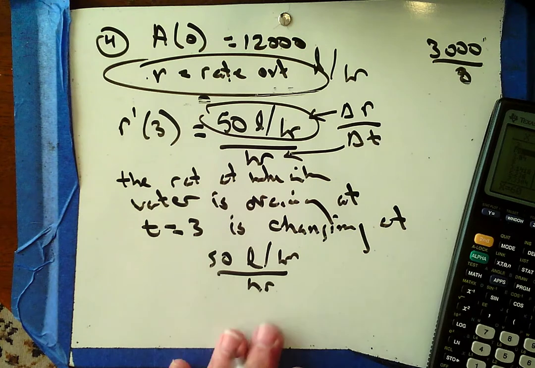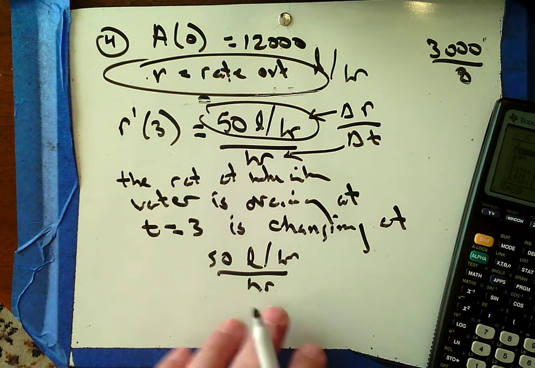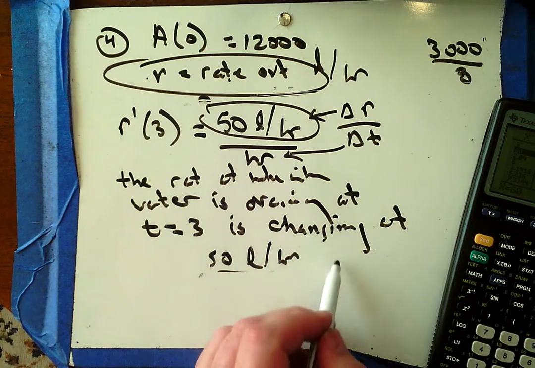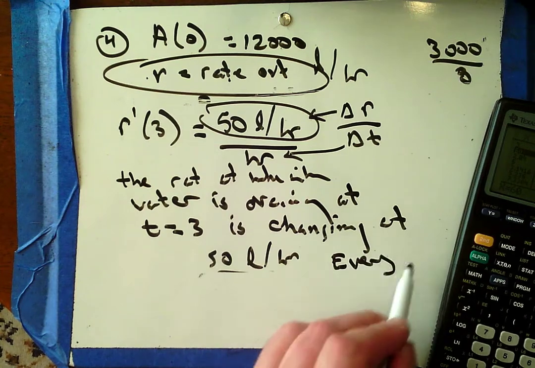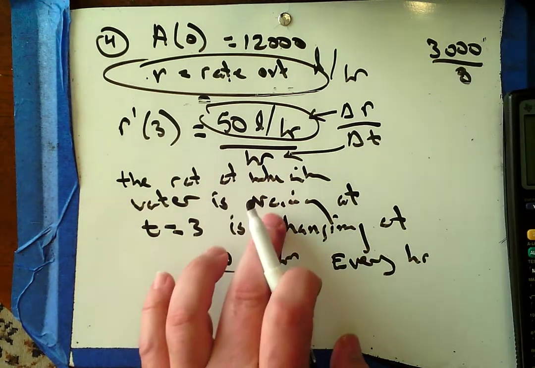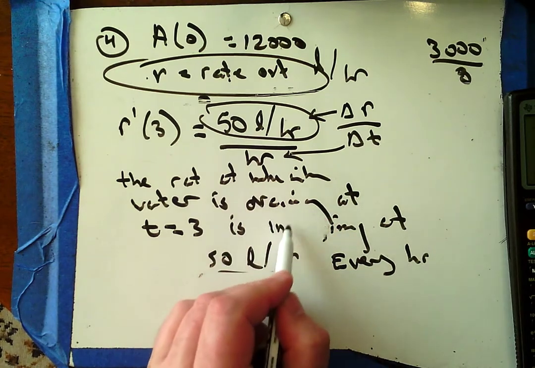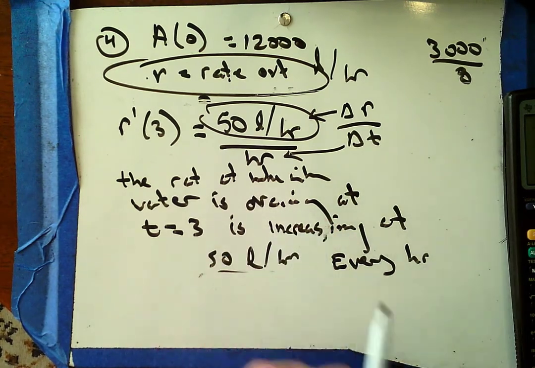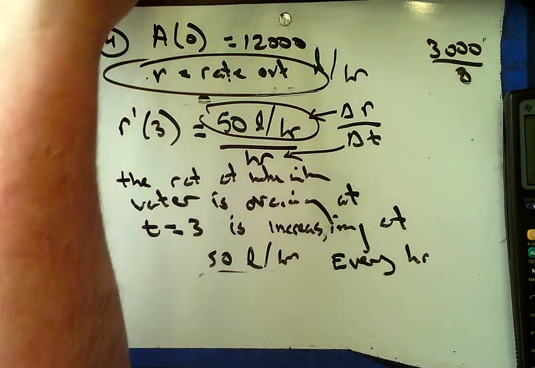Great. I would not use 50 liters per hour every hour. Or we could, I guess, say increasing. That would be a safe word too. Okay, so there's part C.